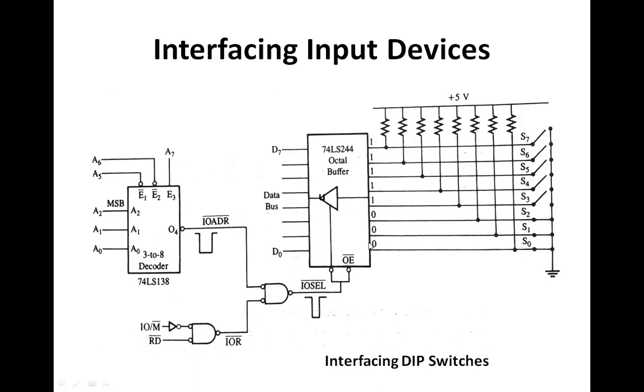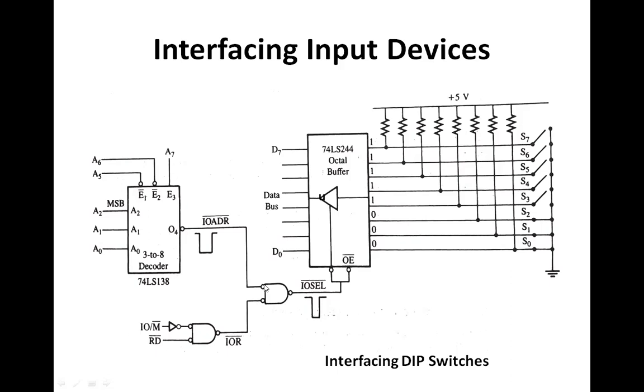In case of output device interfacing, the microprocessor is generating the input output write signal. In case of interfacing of the input devices, instead of input output write, the microprocessor will generate the input output read signal. And the rest of the process will remain as it is, as we have seen in case of output device interfacing.